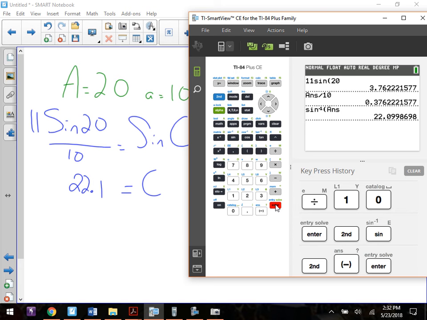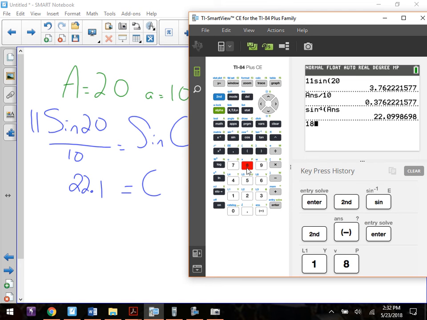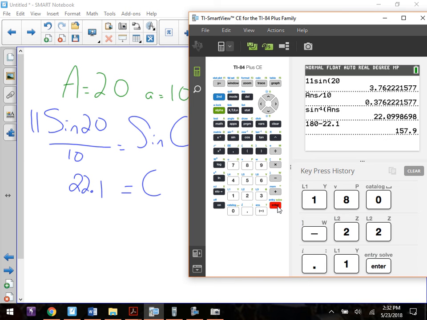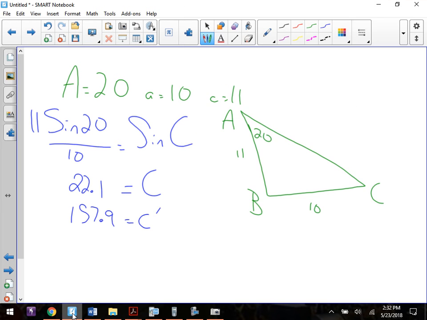So I go 180 minus 22.1, and I get 157.9 for C prime. Now I'm going to look and see, if I add that to the original angle, are there enough degrees left to make a second triangle? That's what we did to tell whether or not you had a second triangle possible.